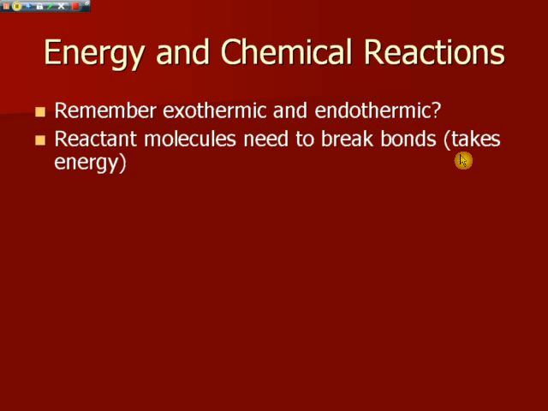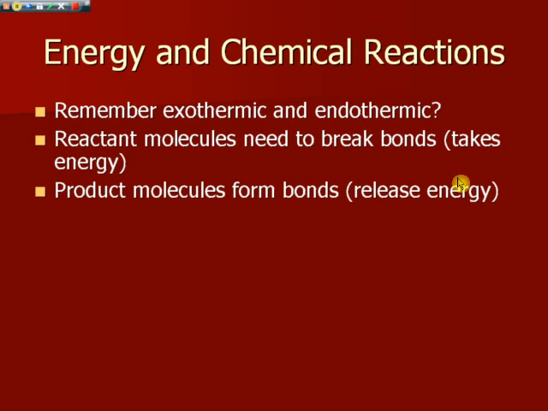Now, reactant molecules in a chemical reaction need to break bonds. Now, it takes energy to break bonds, so you have to put in some energy to break the bonds between the reactant molecules. But the product molecules form bonds, and when they form bonds, they release energy.